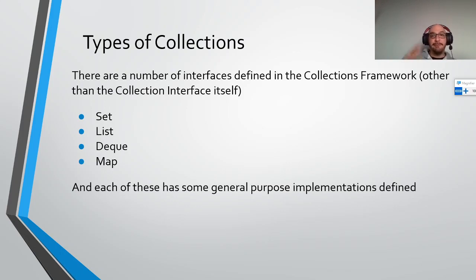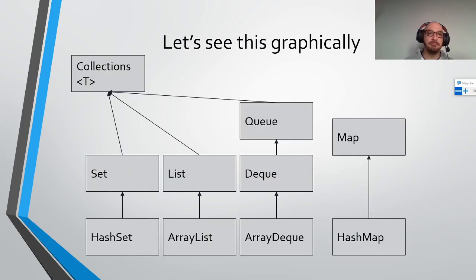The next 4 videos are going to be specific on each one of these collections. Just to see this graphically, the collection framework, which is an interface, will be implemented by a set, a list, and a queue. Then I have subclasses of those.